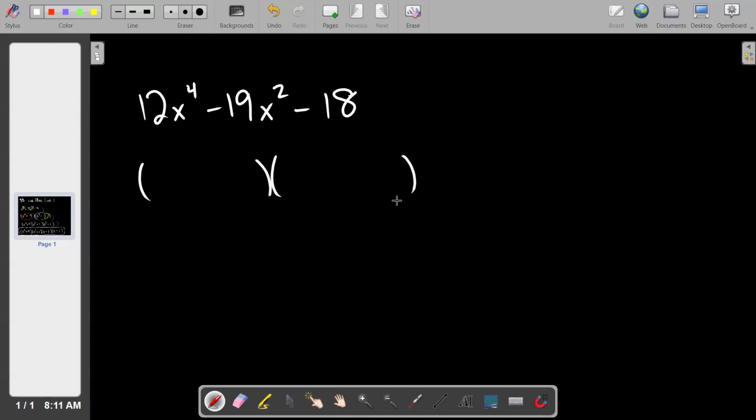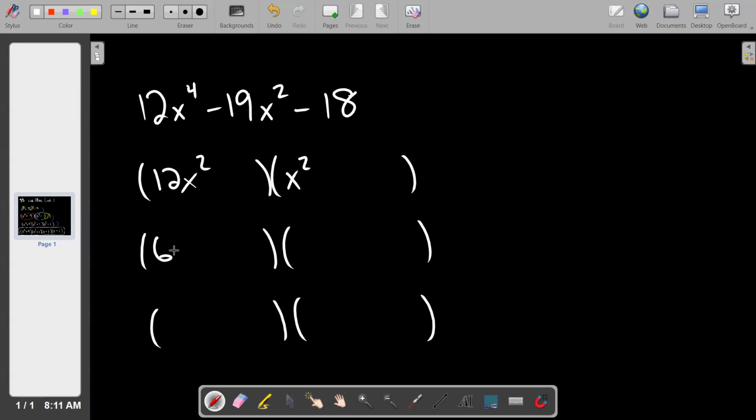If you were doing this on your own, you'd be faced with the unfortunate situation where it could be 12x squared and 1x squared, or 6x squared and 2x squared, or 4x squared and 3x squared, right? In the interest of time, I'll just tell you that we're looking at 4 and 3.